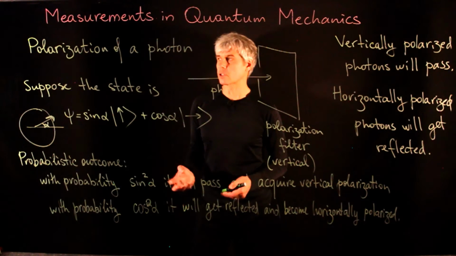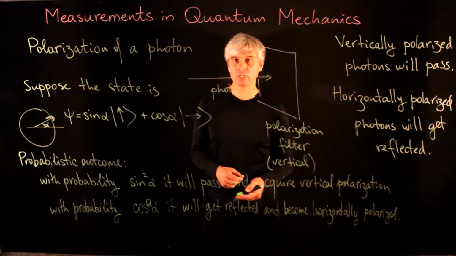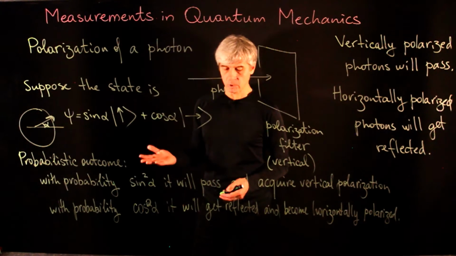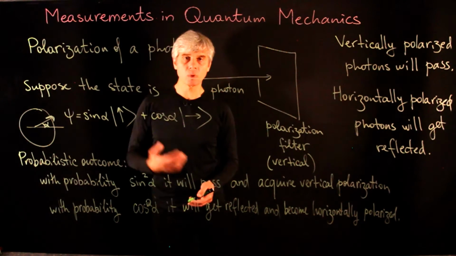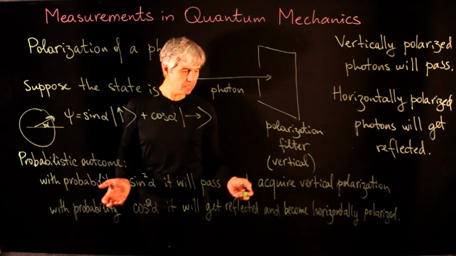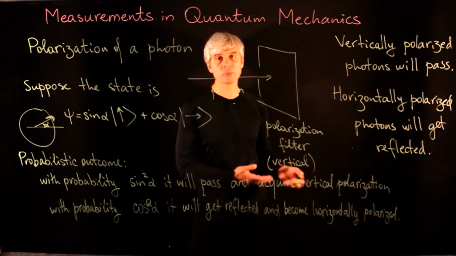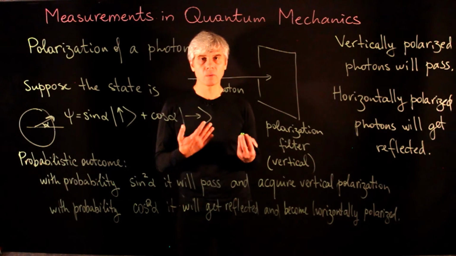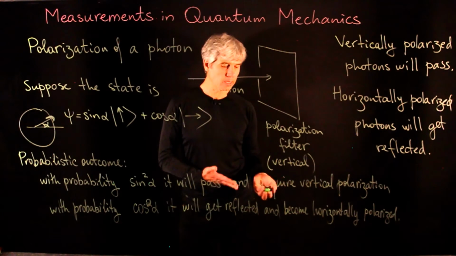These two features of the measurement process create huge challenges for quantum computing. A, we don't know exactly what to expect, so the outcome of a measurement is probabilistic. And B, this measurement process changes the quantum state. And so this means that we can only use measurements very sparingly.